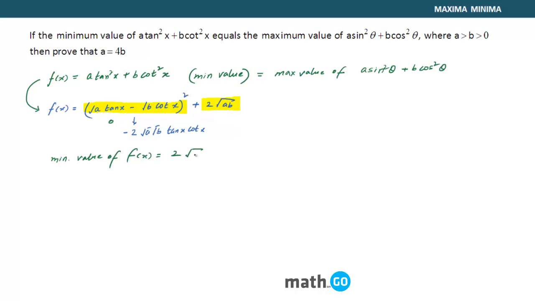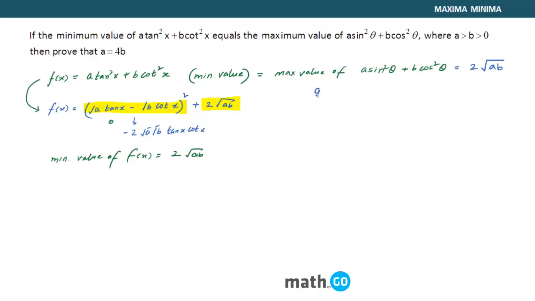Straight away we got the answer. If you had tried to go on by the derivative approach, it would have become a bit lengthy. It is completely straightforward. So figure out the pattern wherever there is a 1 in the question available. So now we know that the minimum value of this particular quantity is nothing but 2 root ab.